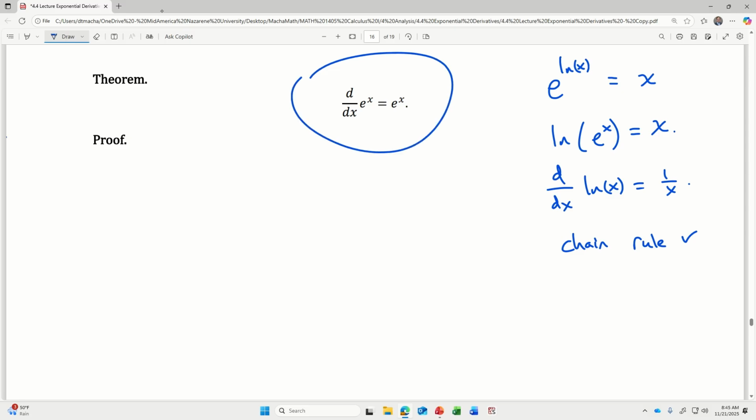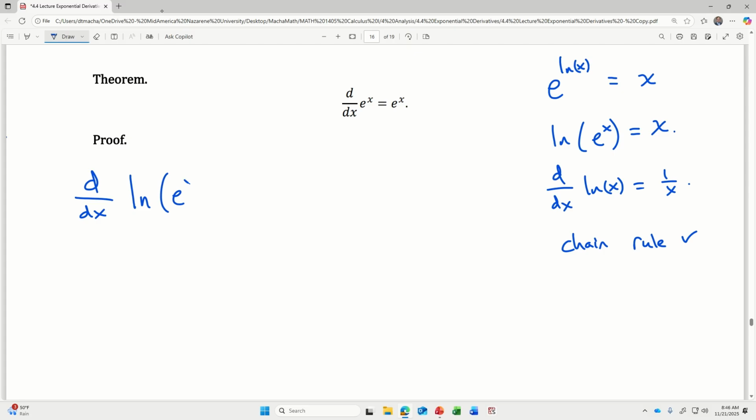What do I do with this? I would say, let me start off by trying to take the derivative of natural log of e to the x.